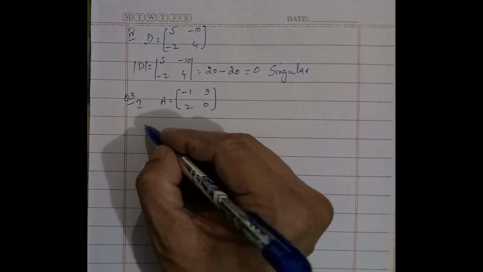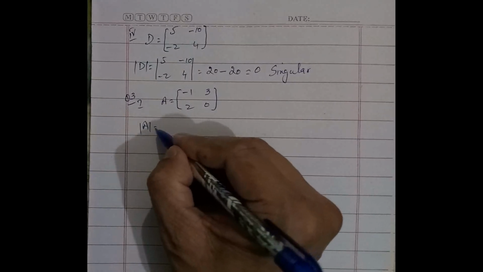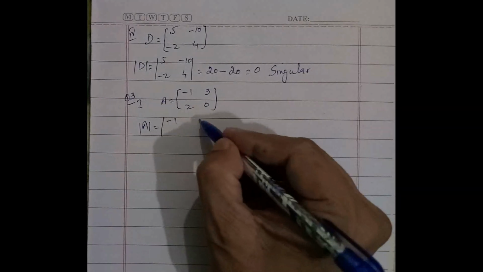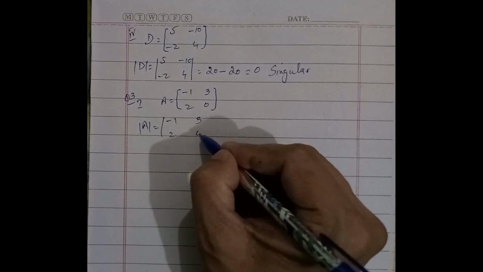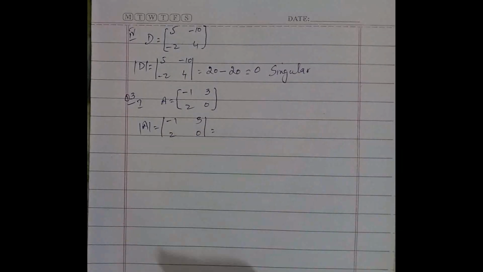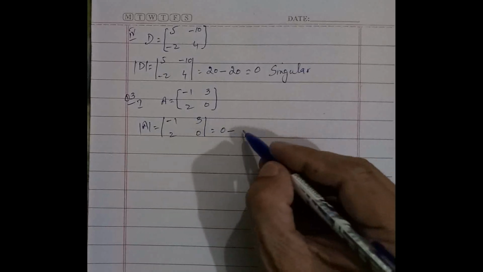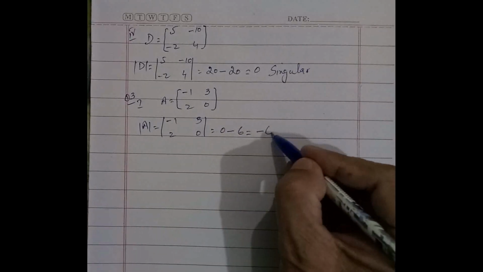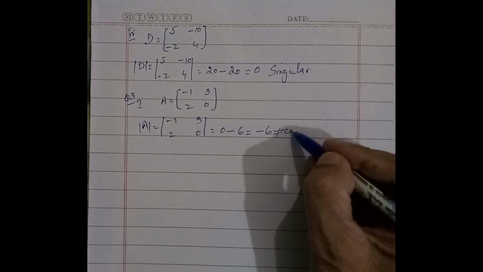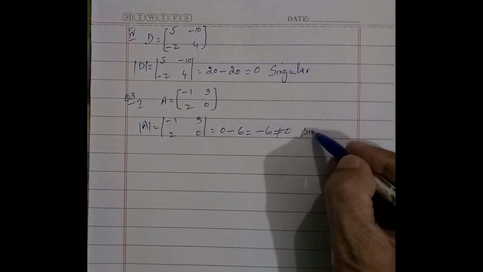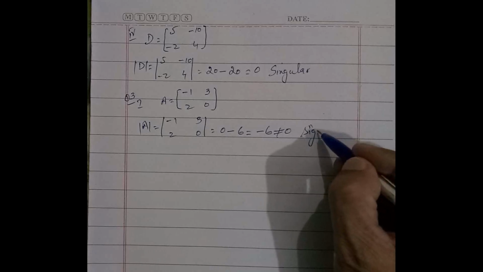Let's start. The determinant of A is [-1, 3; 2, 0]. Solve it. Minus 1 multiplied by 0 is equal to 0, minus 2 threes are 6, which is equal to minus 6, and it is not equal to 0. So the matrix is non-singular.